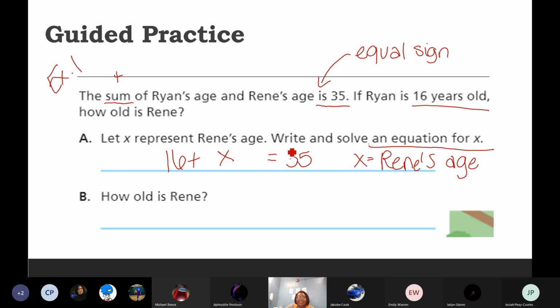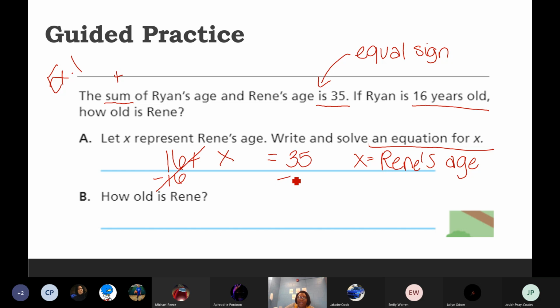So I have to isolate my variable. So if 16 is being added here, what's the opposite of addition? Subtraction. Very good. So I'm going to subtract 16. When I do, I now have my X alone. Whoop, whoop. Now, whatever I do on my left side, I also have to do on my right side.